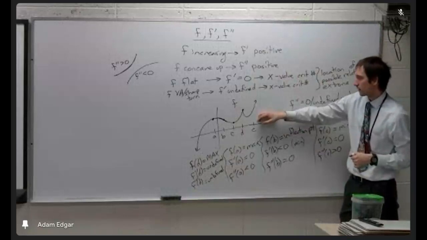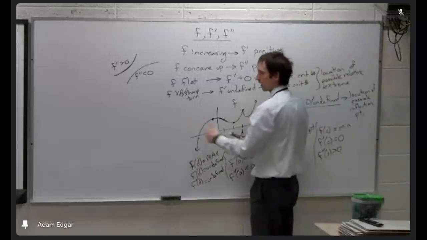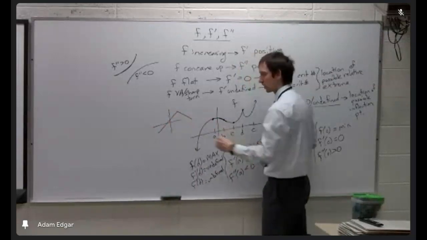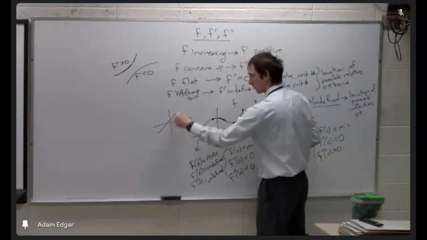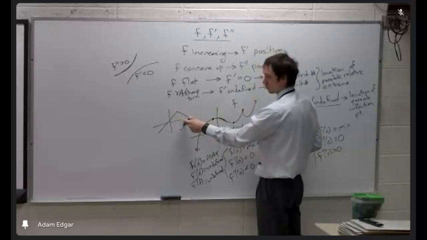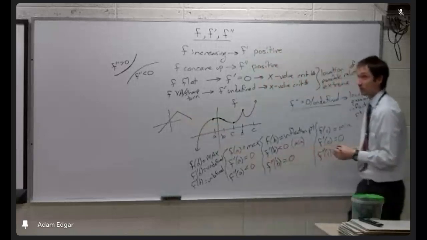If it were a sharp point, more like an absolute value graph, it would look like this, instead of bending into it. But even this, I would say, the derivative has a jump, but not an asymptote. Second derivative would be a flat line with a hole.